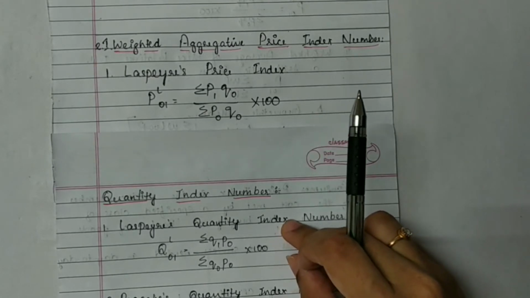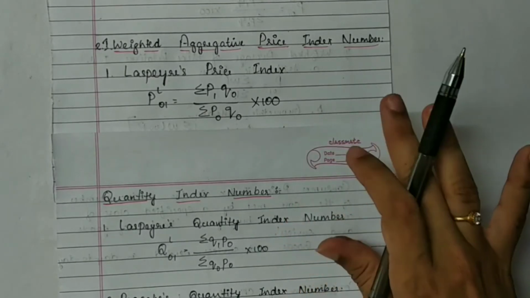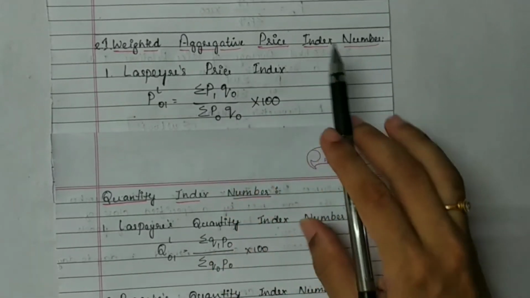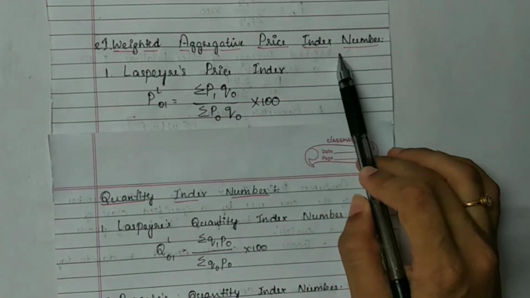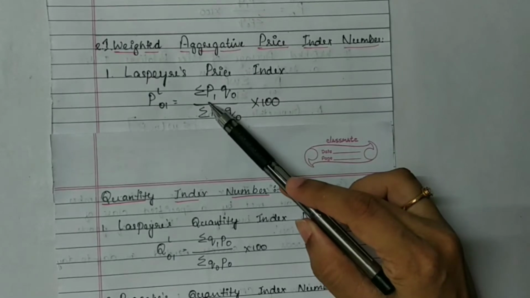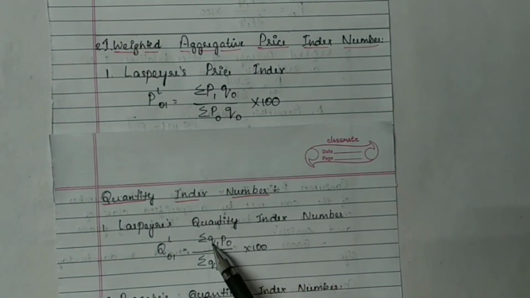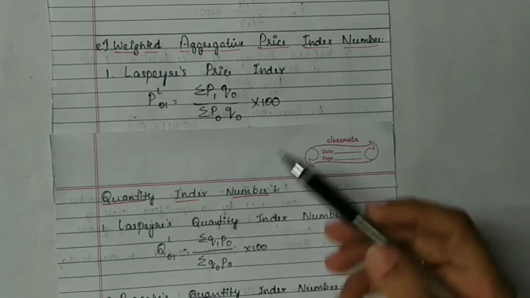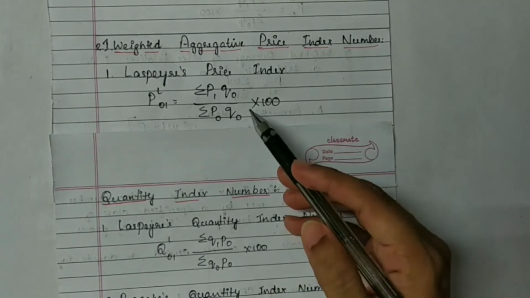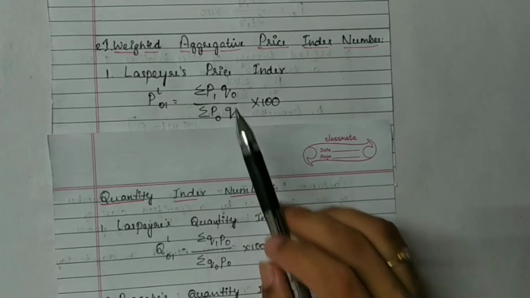So except Kelly's, all other formulas will be the same, but in case of price index number, we were writing price first. But in case of quantity index number, we are writing quantity, Q first.